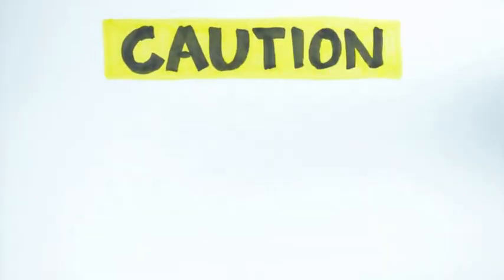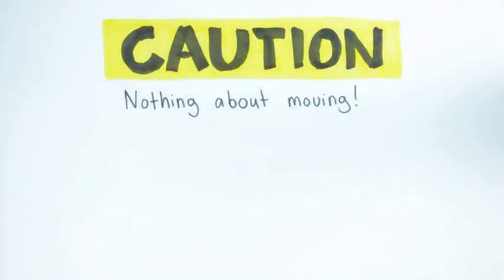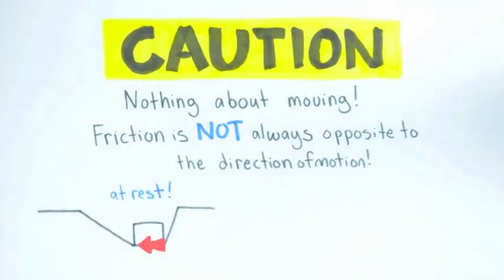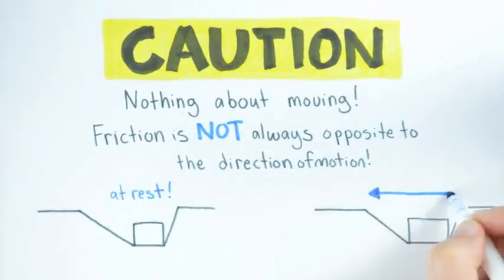Now, here's a big caution. We said nothing about how our system is moving, so don't fall into the trap that friction is always in a particular direction, that is, always opposite to the direction of motion. The block here could be at rest, and we could still have a friction force. The block could be moving, and in fact, the friction force could be in the direction of motion.